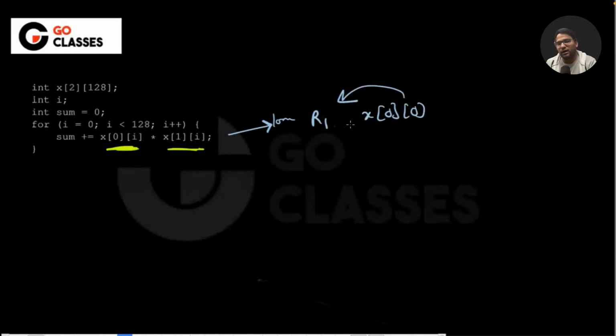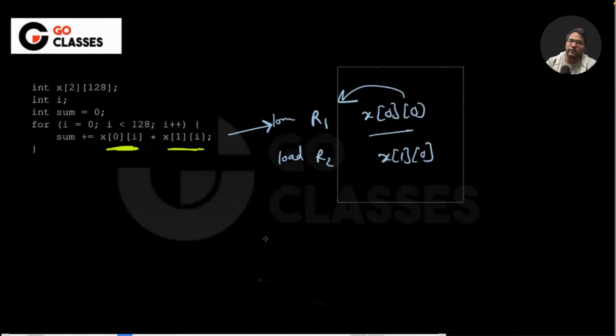Maybe load R1 comes first, or maybe load R2 from this memory location x[1][0]. It doesn't matter, but there will be consistency.